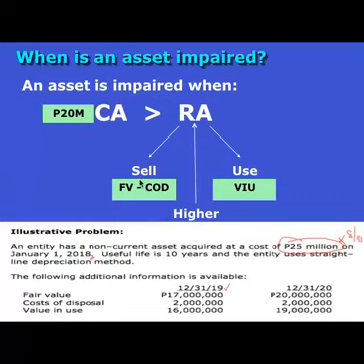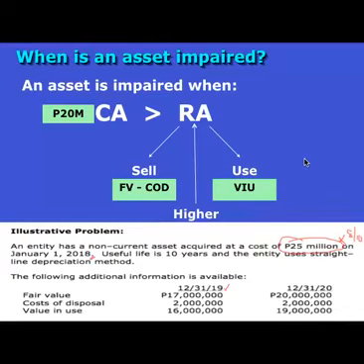Now, do we need to get the RA? Generally, entities are required to compute RA only if there is an indication that the asset is impaired. If there is no indication that the asset is impaired, no need to compute RA, except for three items of assets. But generally, RA is computed only when there is a sign that the asset is impaired.